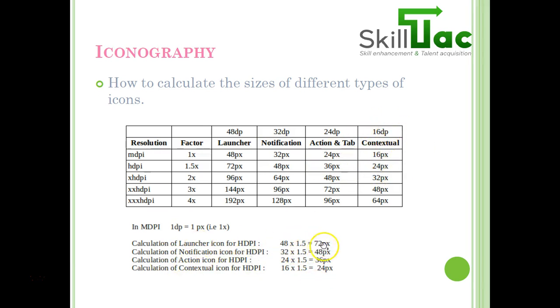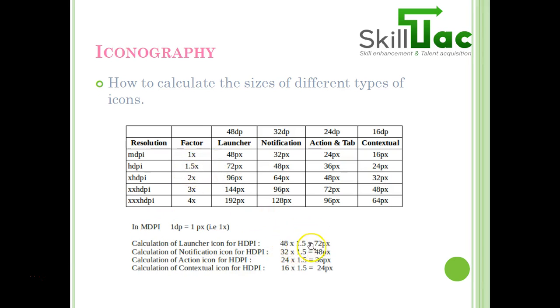So here is the calculation that I already explained. For the launcher icon, for HDPI, 1.5 is the multiplication factor. The launcher icon size is 48 dp or pixels in MDPI, and for HDPI the multiplication factor is 1.5.